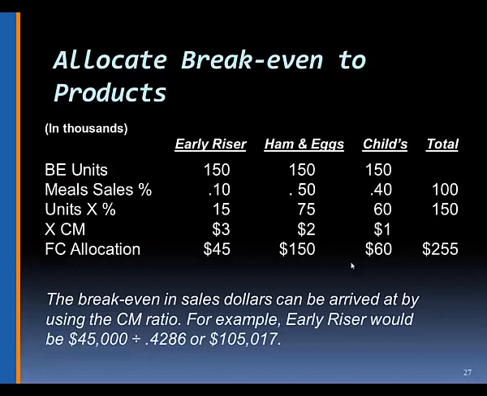So we multiply 150,000 units by 10%, we get 15,000 units. 50% of 150,000, 75,000 units, and so forth. And you add those across, there's the 150,000 units for break-even. And now we can prove that by multiplying the projected units to break even by the contribution margin. And there's the $255,000. That's the amount that we need to cover our fixed cost.